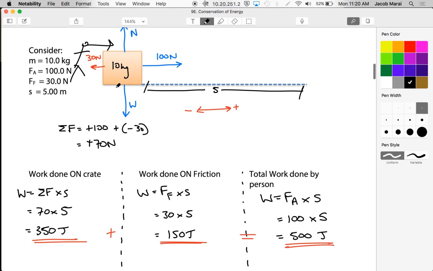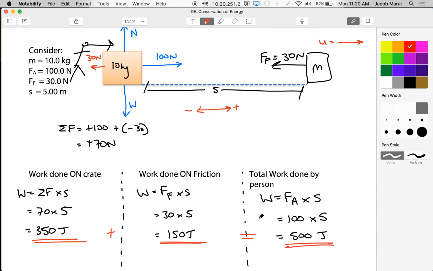Now, let's suppose that once we get to here, the person obviously lets go, maybe because it's going too fast. Now, all of a sudden, there's only one backwards force, that being 30 newtons. So it's traveling that way, and it's going to start to slow down. We've put it in the acceleration period where it's gaining energy.